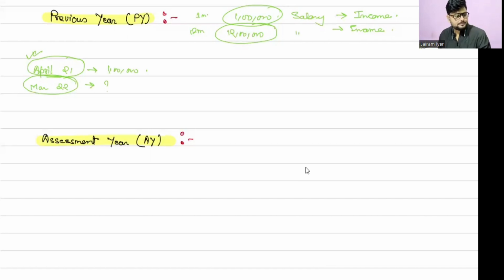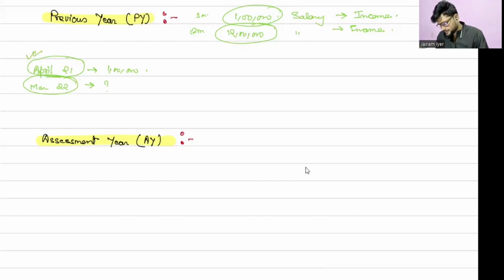The income tax department thinks the same: when people are earning in the current year, it's not possible, at least not all the time, to predict what total income they will earn.